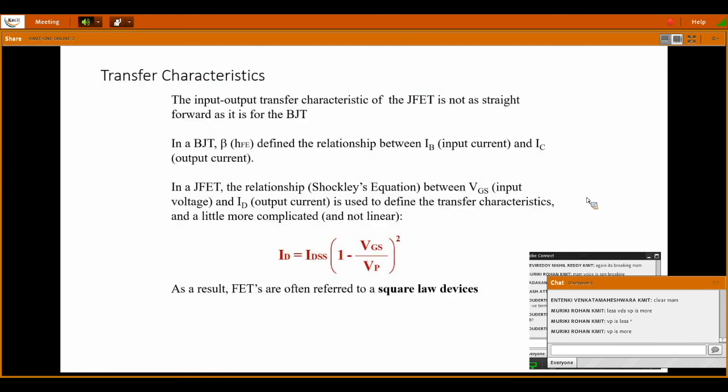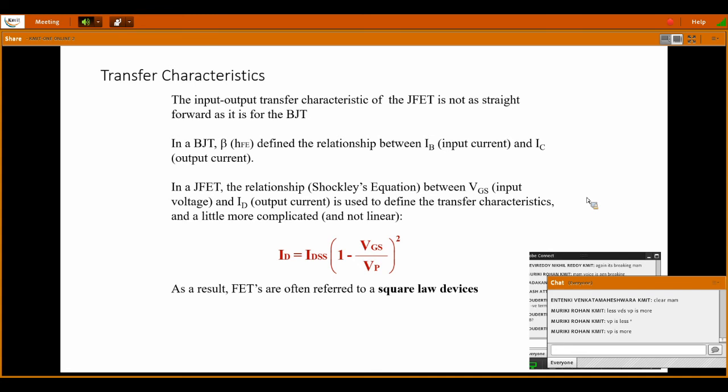Now the transfer characteristics, the input and output transfer characteristics of a JFET, are not as straightforward as for a BJT. In a BJT, beta, that is current gain in common emitter configuration, hFE, is defined as the relationship between IB and IC, input current and output current.